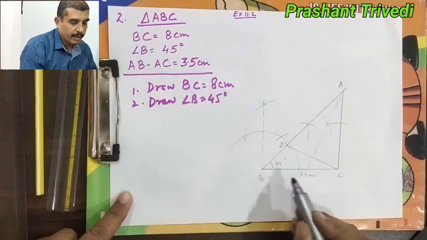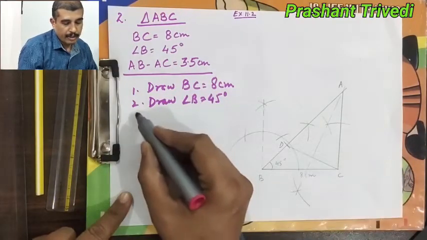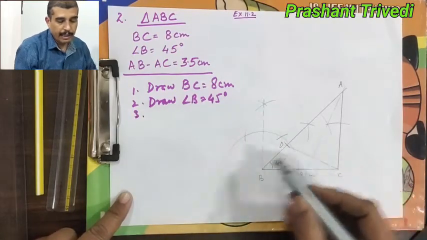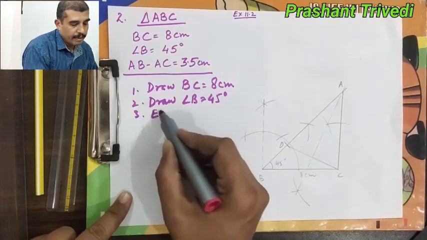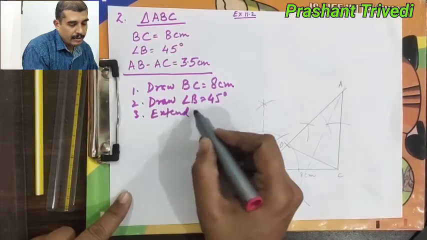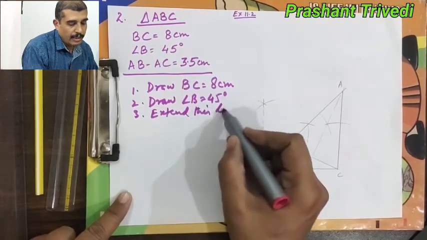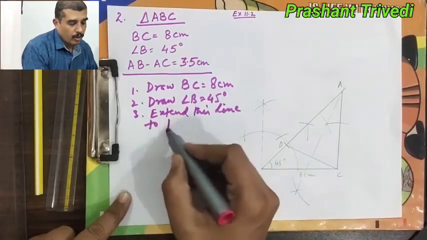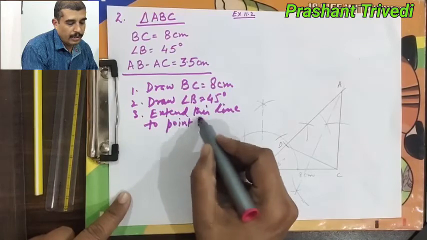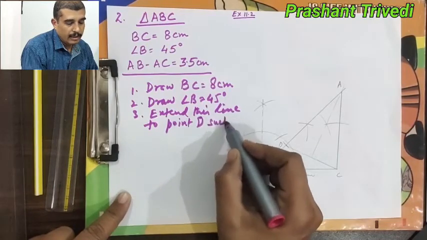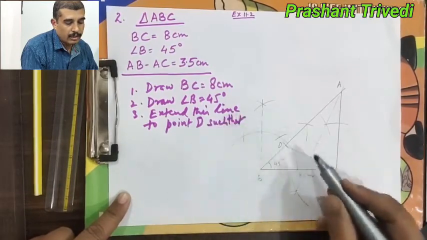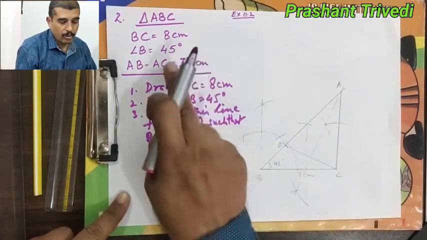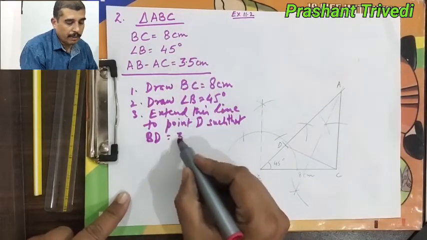Then third, extend this line, the step 2 line, to point D such that BD is equal to how much? 3.5 centimeter.